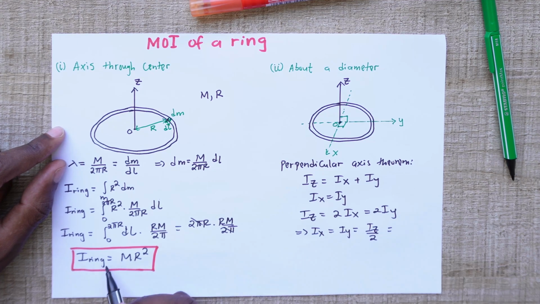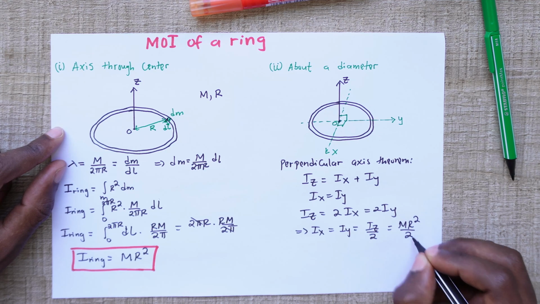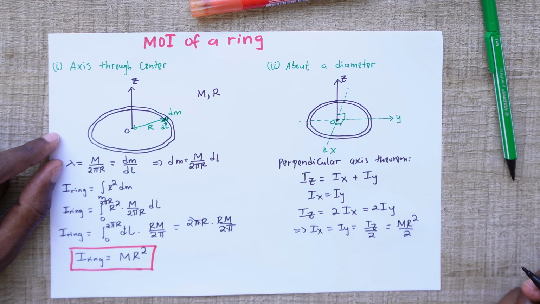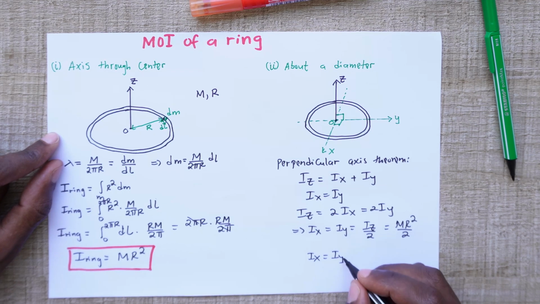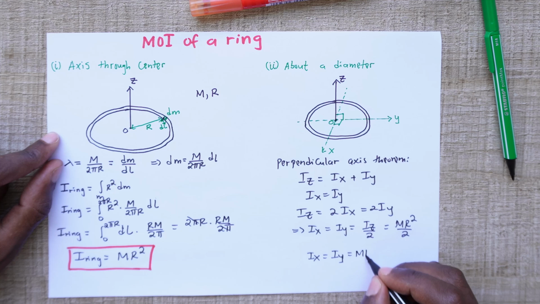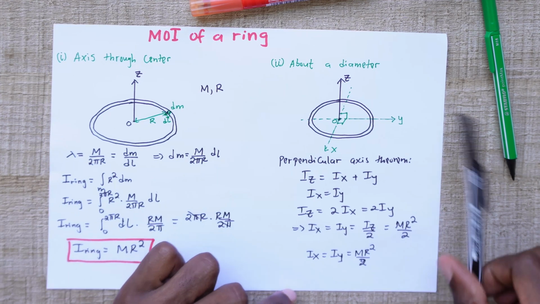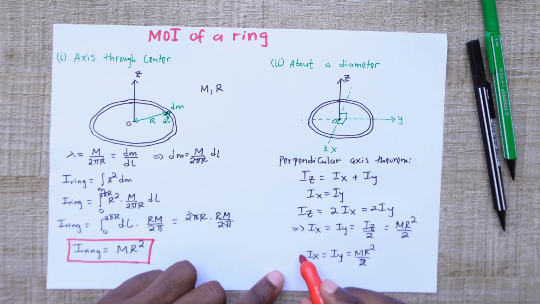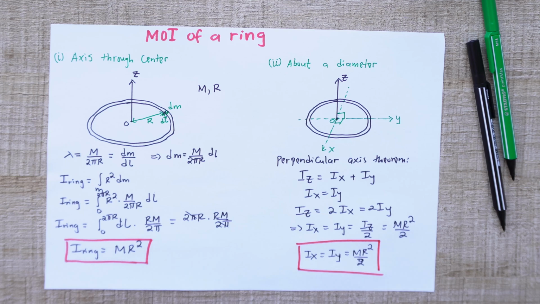And Iz is what we got here, it's just M R squared. So Ix equals Iy equals M R squared divided by 2. And that's the moment of inertia of a ring about the diameter of the ring.